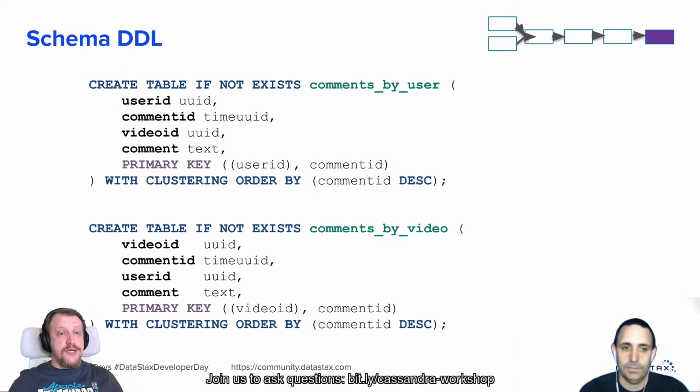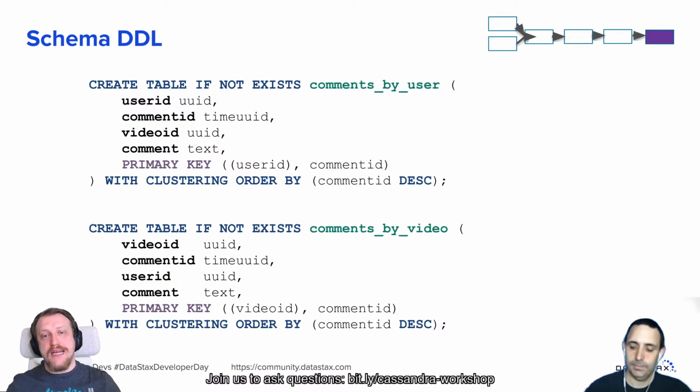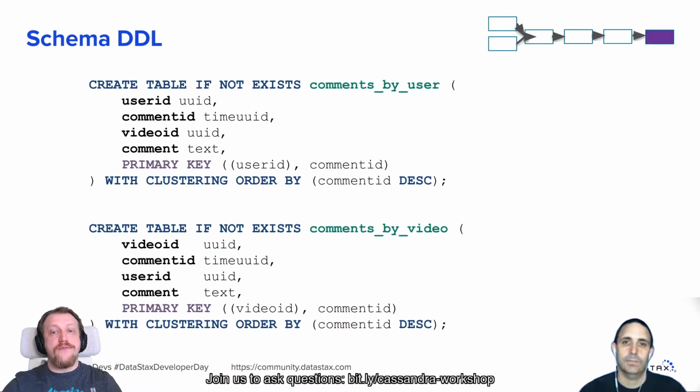And that's the second question. Why do we need comment ID in the primary key? The answer is to ensure uniqueness, because when you create a lot of comments, we have user ID to group and comment ID to ensure uniqueness, and well, for sorting in this case.